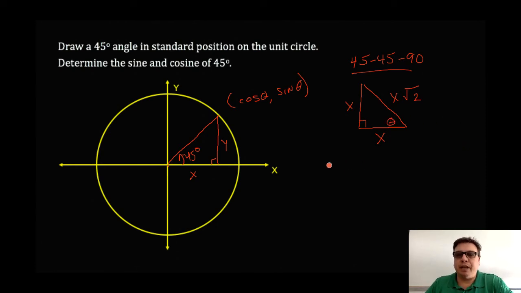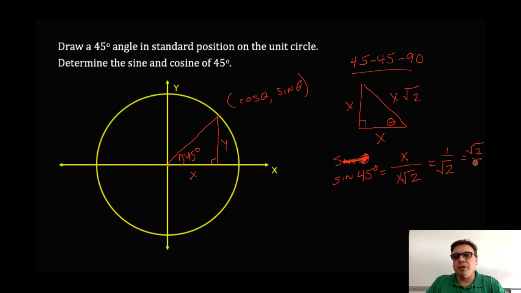So the sine of 45 degrees is equal to the opposite side, which is x, divided by the hypotenuse, which is x square root of 2. That would be 1 over square root of 2, but I can't leave square root of 2 in the denominator, so I multiply both numerator and denominator by square root of 2, and that gives us square root of 2 over 2.